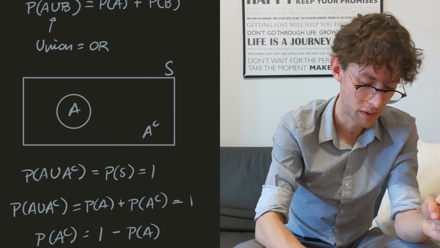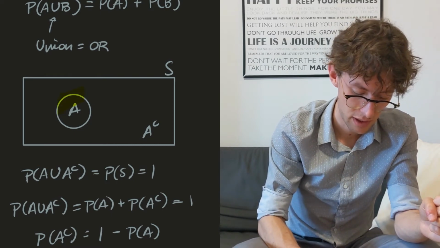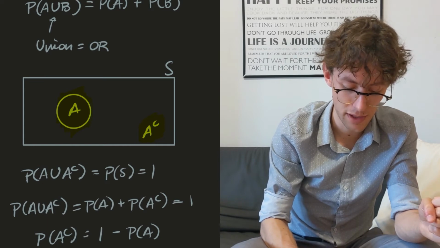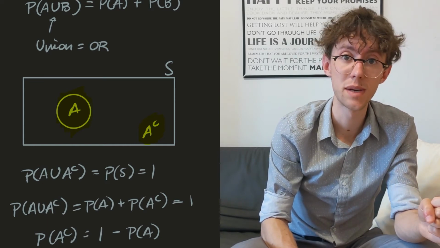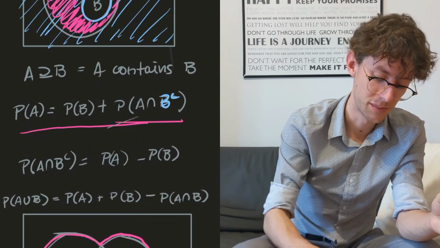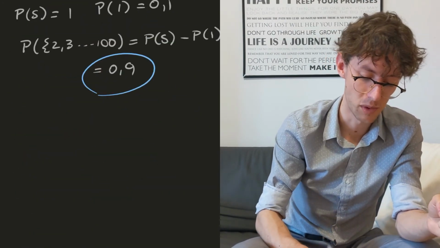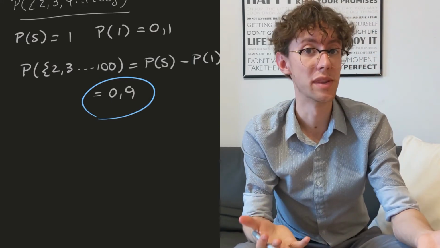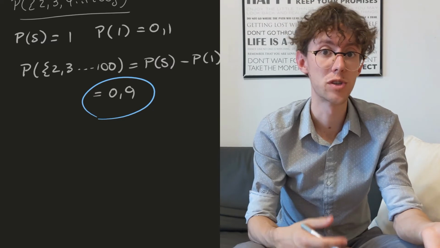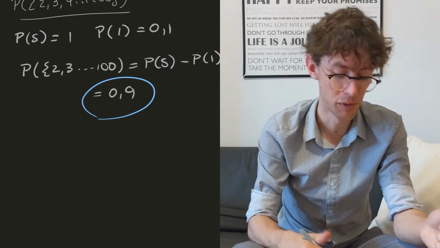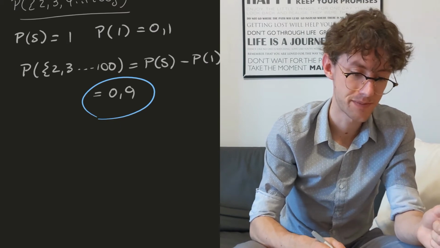We have the probability of A and the probability of A complement, or anything but A, and the sum of these is equal to S. And this is exactly what we have in here. We have the probability of A, let's say our probability of 1, and the probability of anything that is not 1, so 1 complement. That will be equal to 1 minus the probability of 1, which is equal to 0.9 in this case.